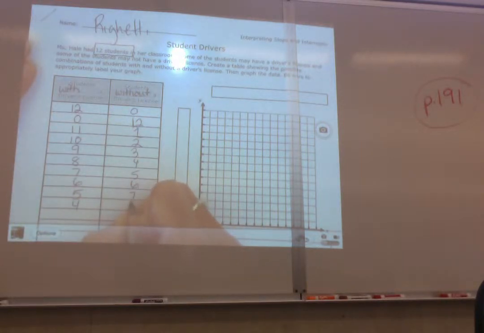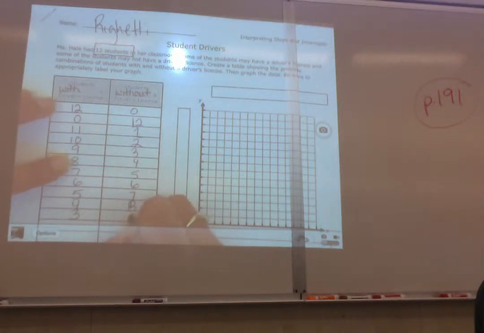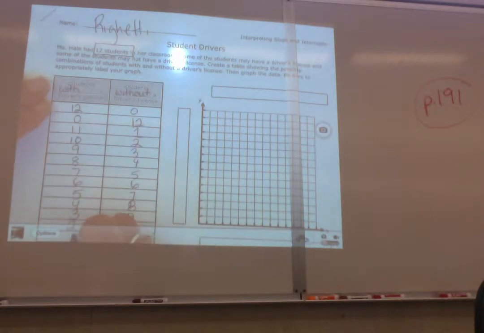Or why is my brain having trouble? 4, 9, 2. I keep wanting to add up to 11, not 12. 3. Sometimes it's hard for brains. 2, 10, 1, 11. Okay.